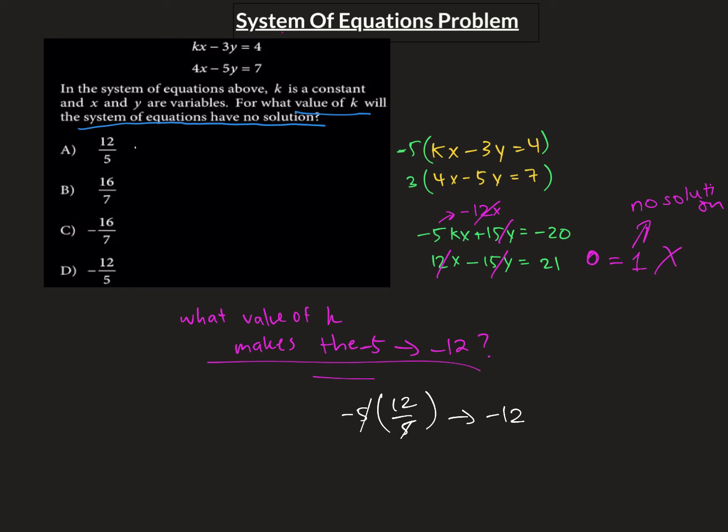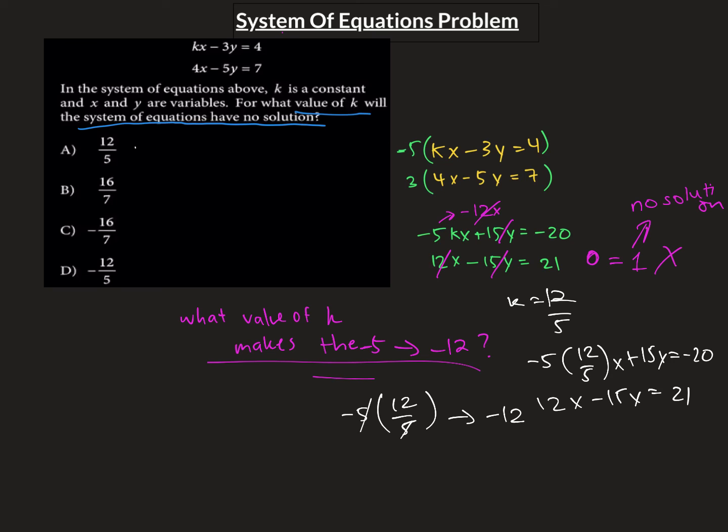So if this k is equal to just 12 over 5, it becomes minus 5 times 12 over 5 x plus 15y equals minus 20, and 12x minus 15y equals 21.